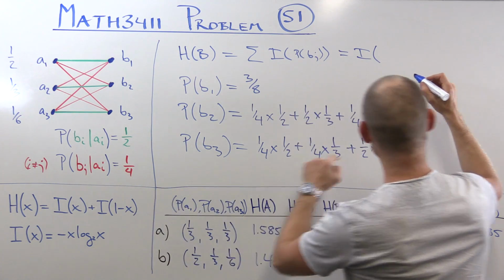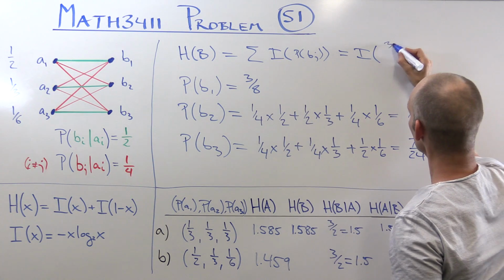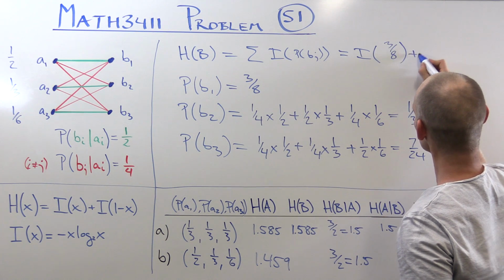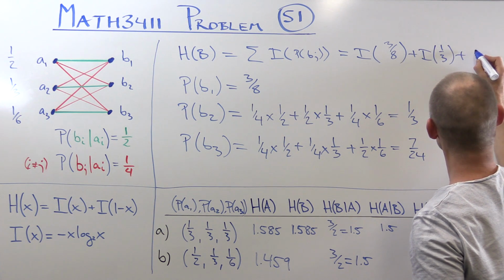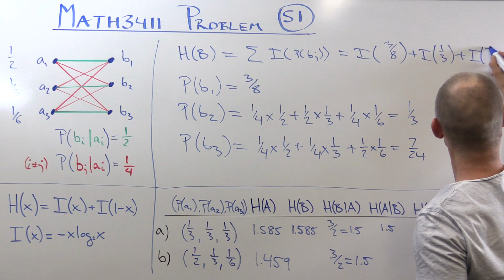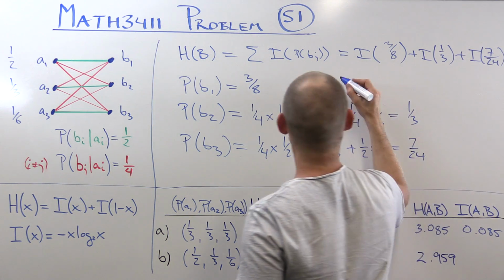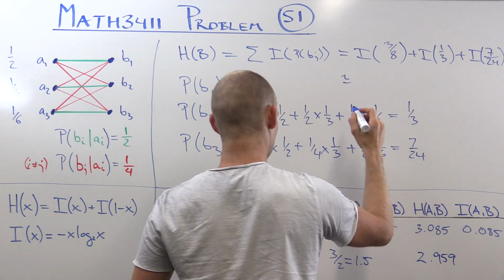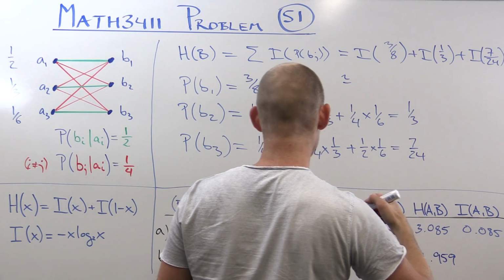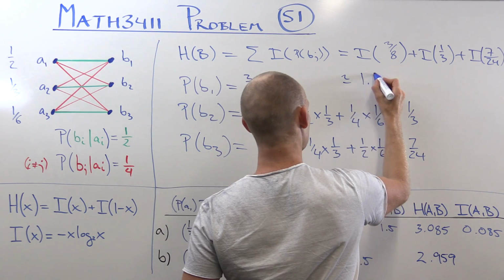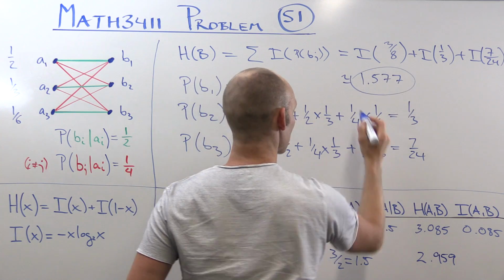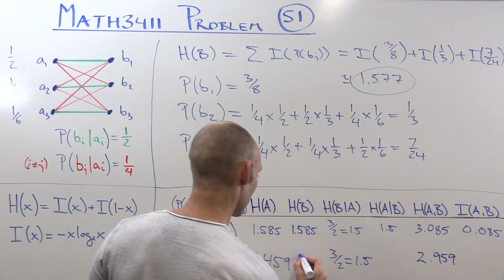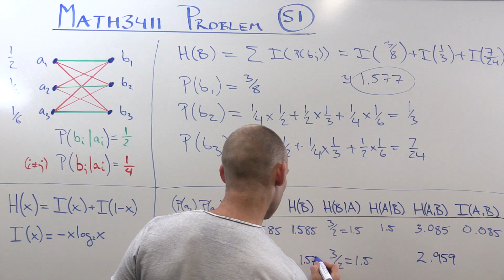So this is that function there of 3/8 plus the function of a third plus this function of 7/24, and that gives you roughly about 1.577, which is what we then can write down here. 1.577.